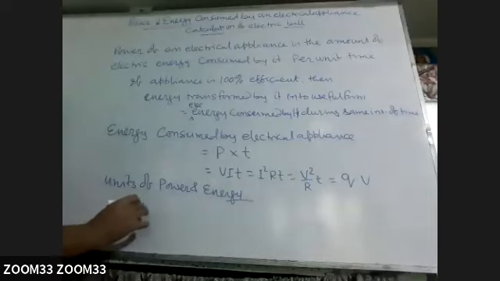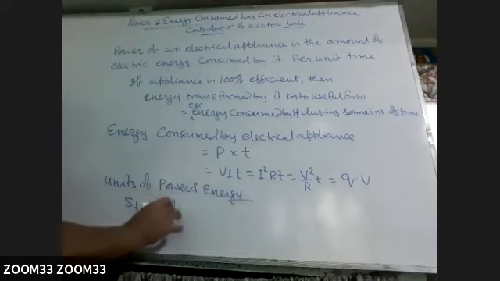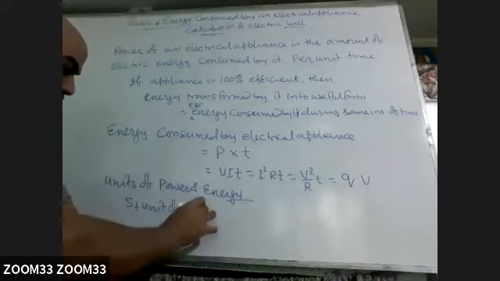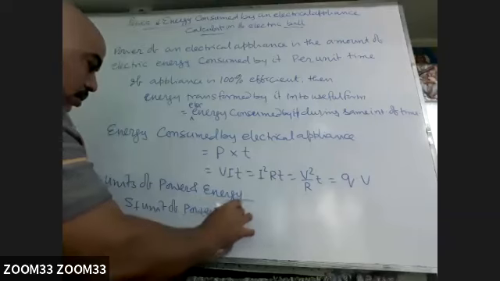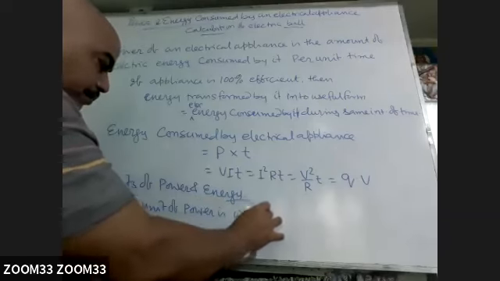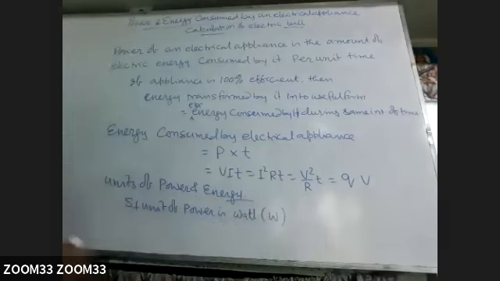SI unit is watt. So 1 watt means 1 joule per second.